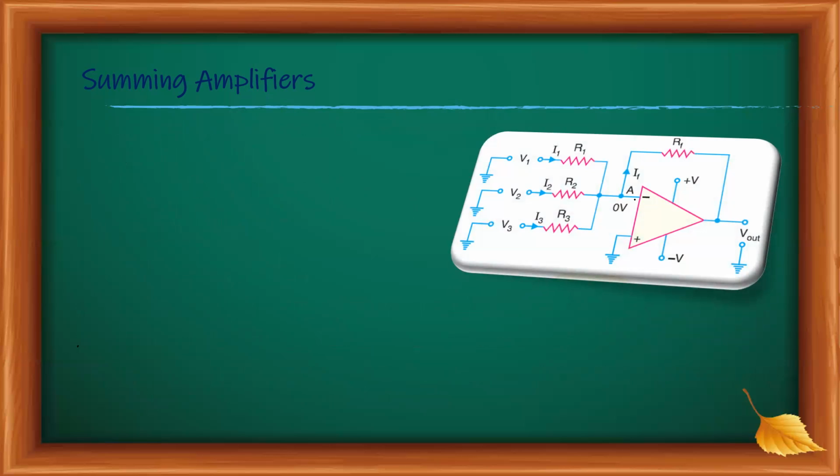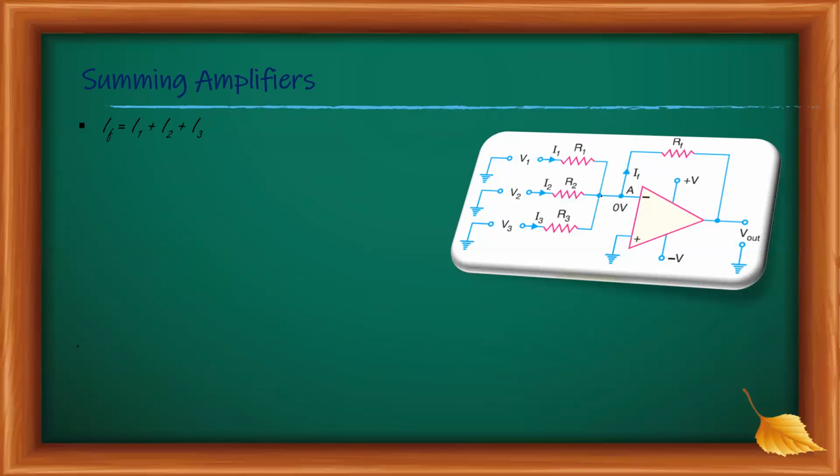Now we're going to show that the circuit sums the inputs V1, V2 and V3. When we apply the inputs V1, V2, V3, we have mentioned that the currents through the corresponding resistors are I1, I2 and I3.